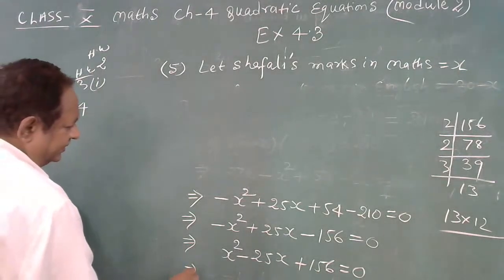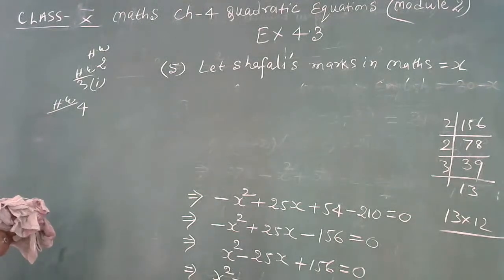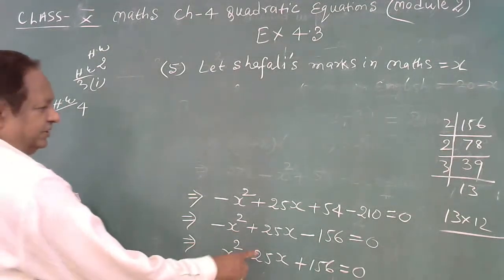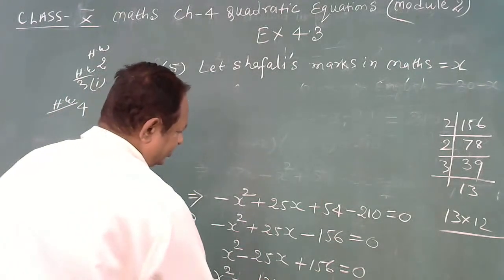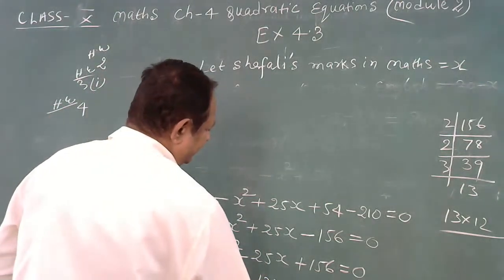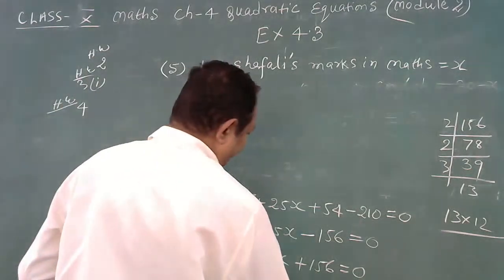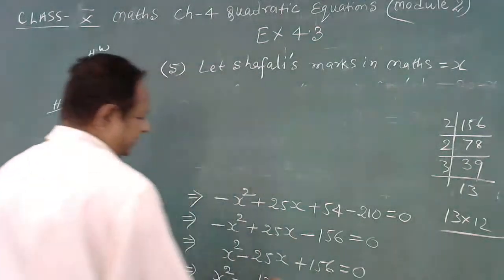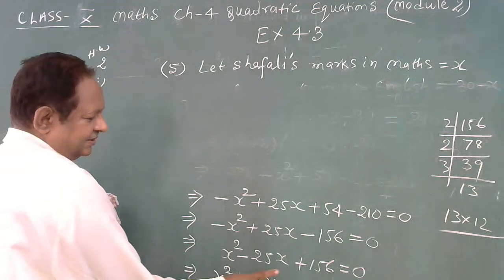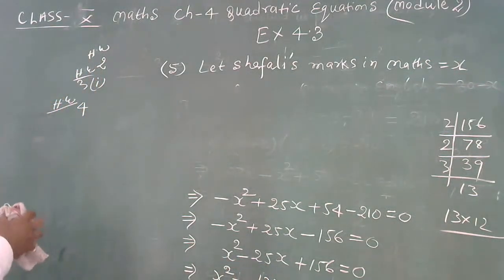This implies that x square minus, in place of 25x, write 13x minus 12x. Because 13 into 12 is 156, so minus 13x minus 12x is minus 25x.